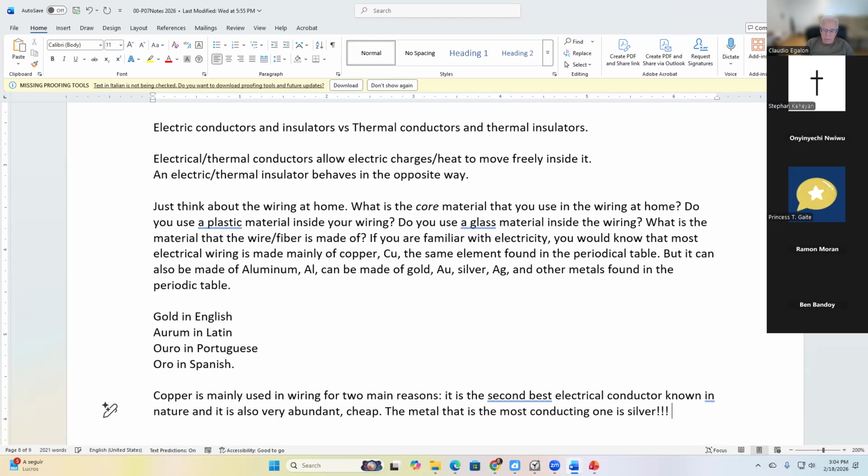Silver conducts better than copper, but the difference is very small. It's not a big deal.